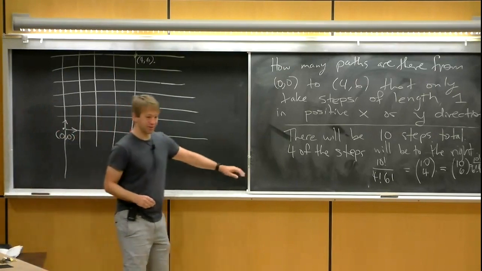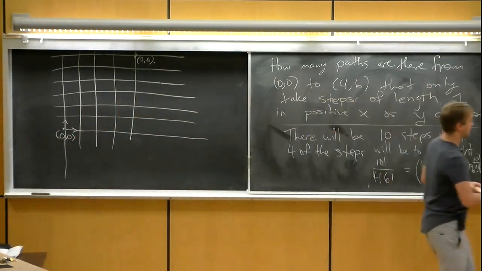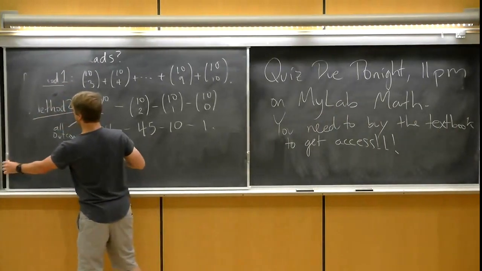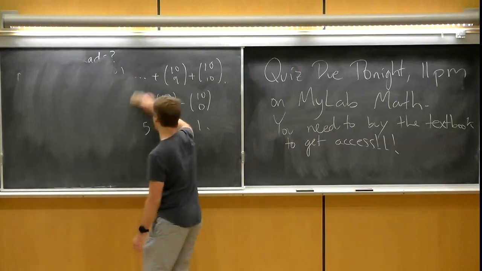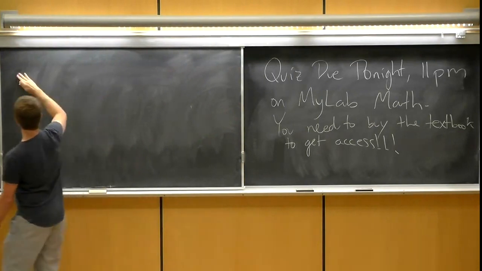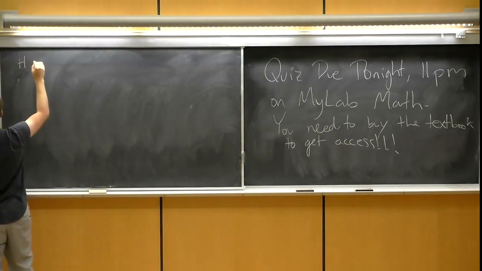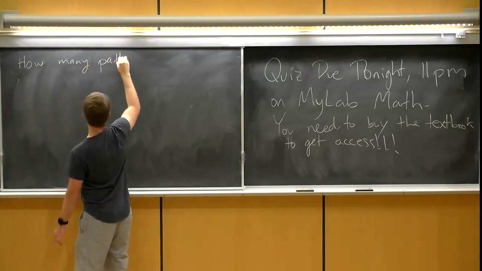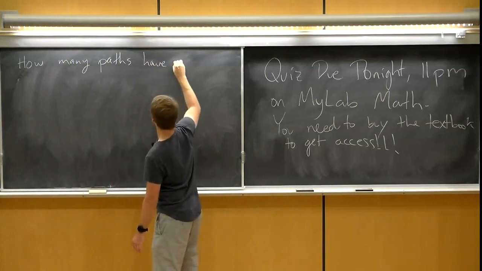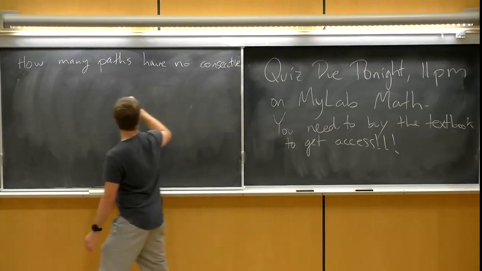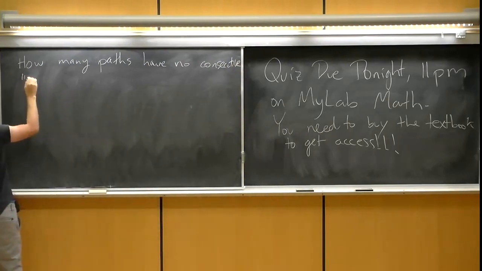Okay, let's do a twist on this problem. How many paths, still paths from 0, 0 to 4, 6, have no consecutive steps to the right?